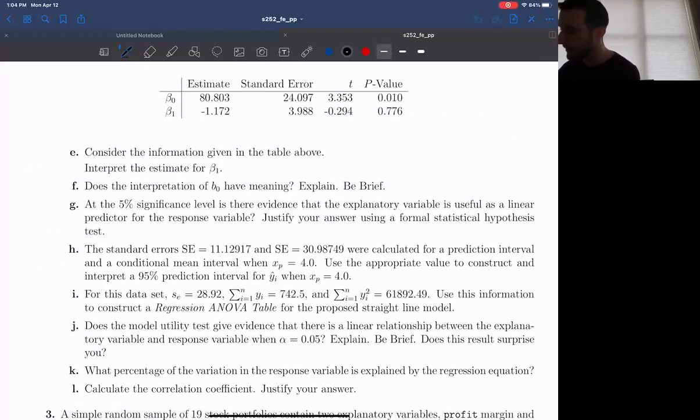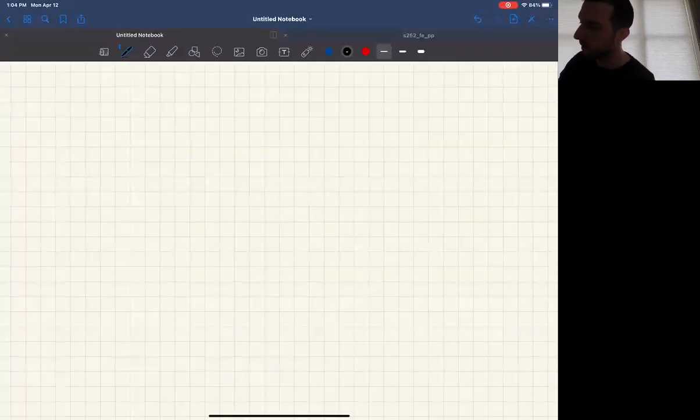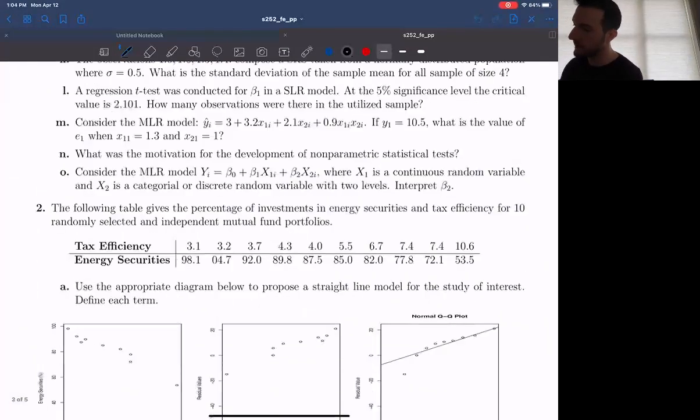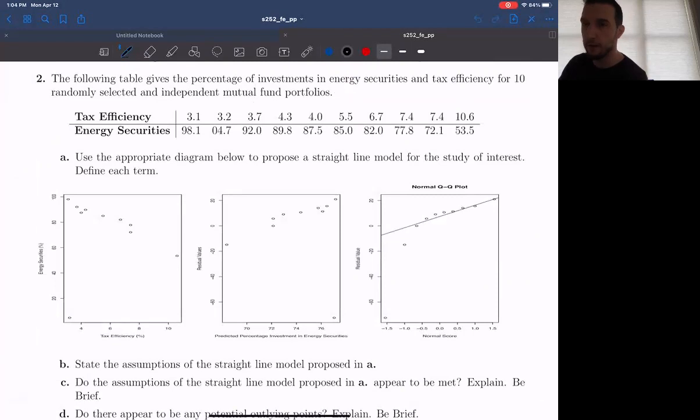I like this one. Okay, so we need to start off just by clarifying what's going on in question 2. We have two variables, tax efficiency and energy securities, and both are measured in percentage. From the first plot here, which is a scatter plot of energy security versus tax efficiency, what we can see is that we are trying to model the security as a function of efficiency.